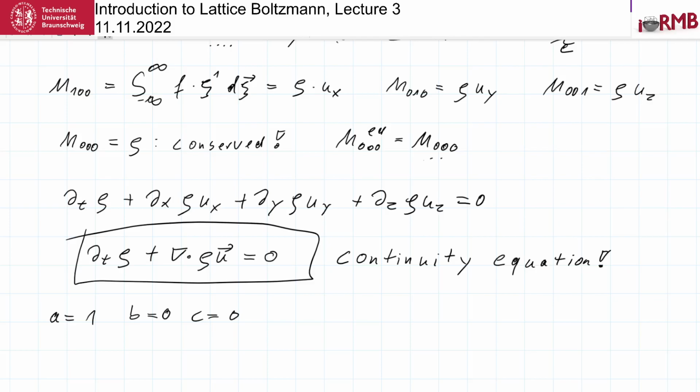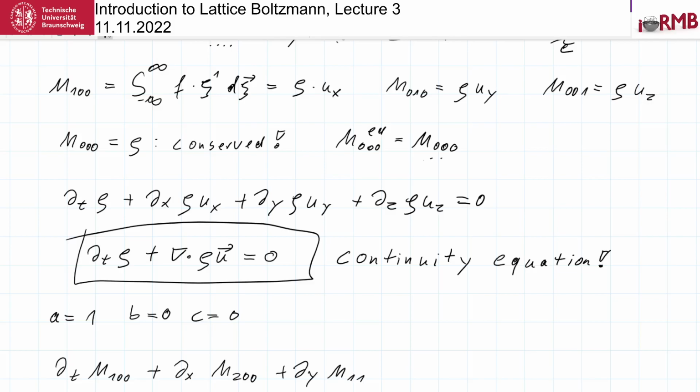Okay, so what we have then is dt m100 plus dx. Now again, we count up the moments. We had here m100. We have to count up the first index by 1. So this gives us an m200. Next we have to count up the second index by 1.